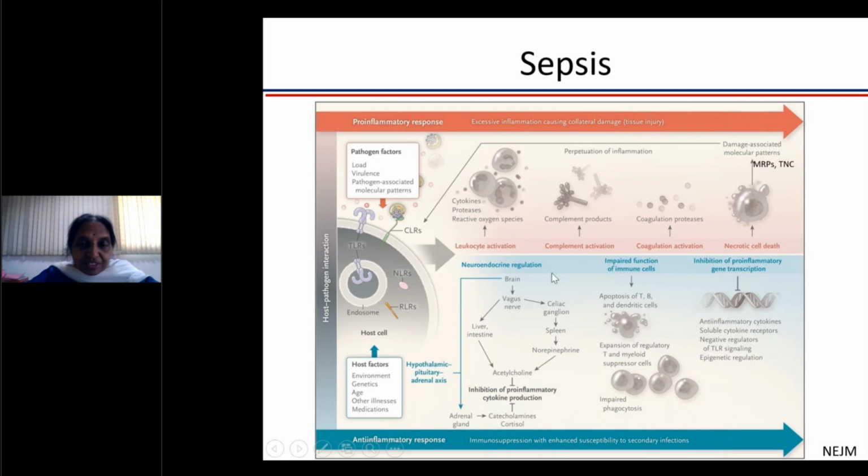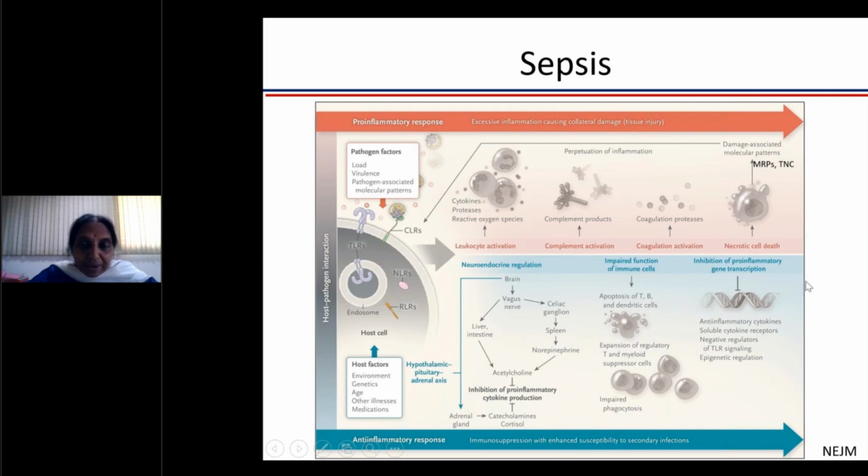So normally we should have a good control, we should inhibit the pro-inflammatory gene transcription, but it is not happening. It should happen. In a control situation, the inflammation which is happening should be controlled by good release of cortisol. You should have adequate release of cortisol. If you have less release of cortisol, your inflammation doesn't get controlled.